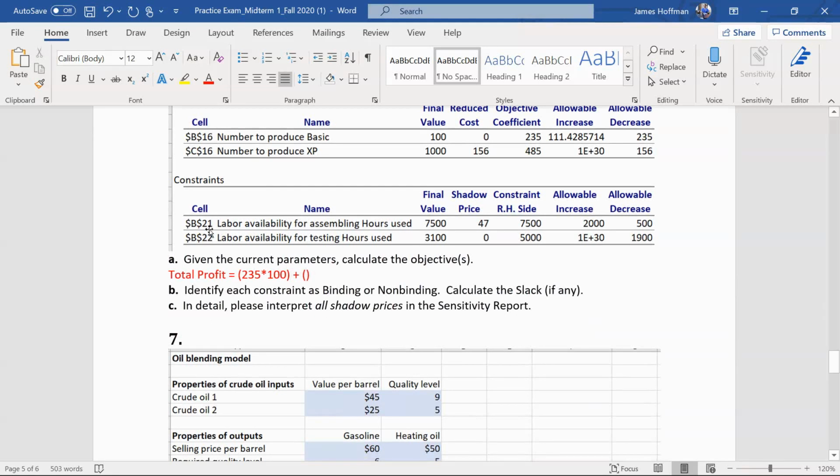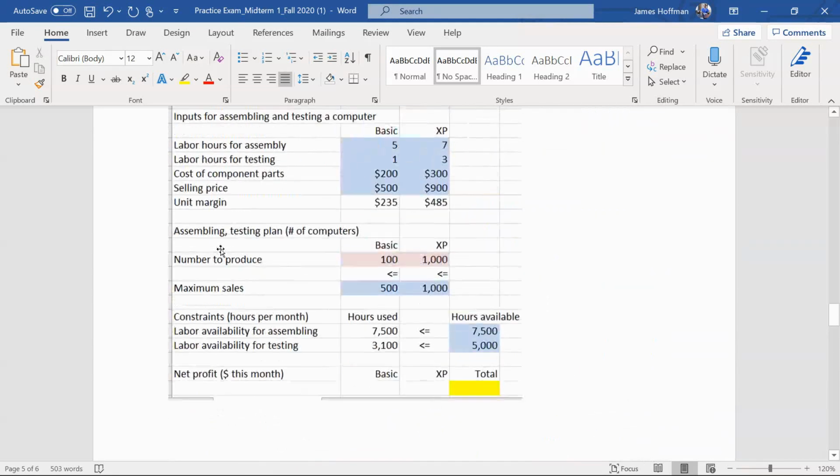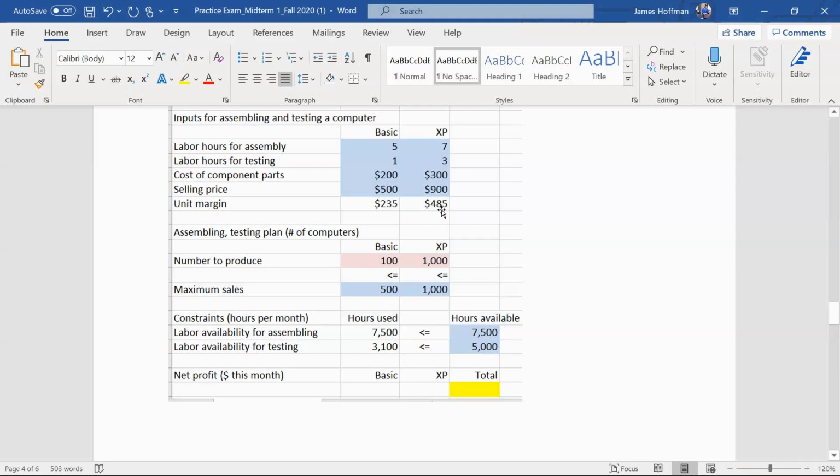Then plus the profit for the XP. If the unit margin for each one is 485, and we produce 1,000 units, that means we get 485 times 1,000.